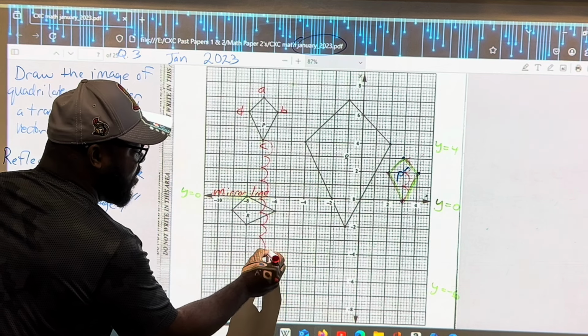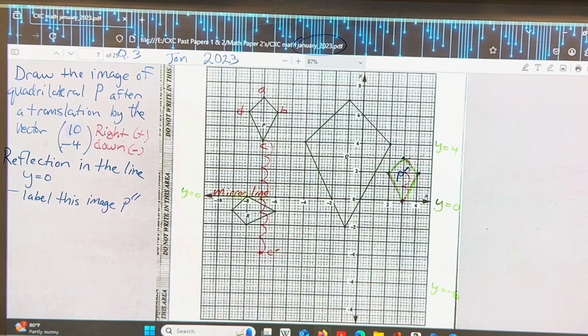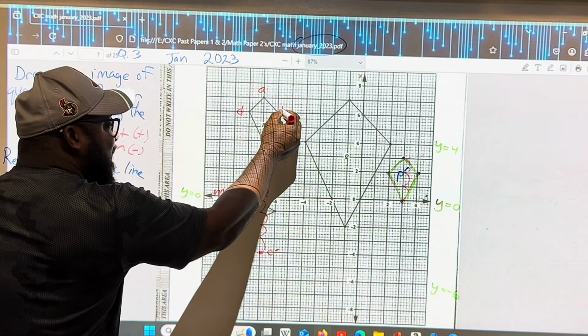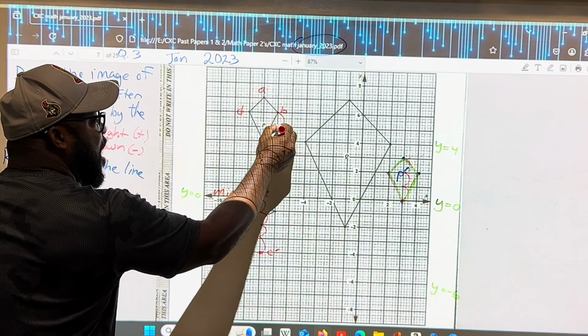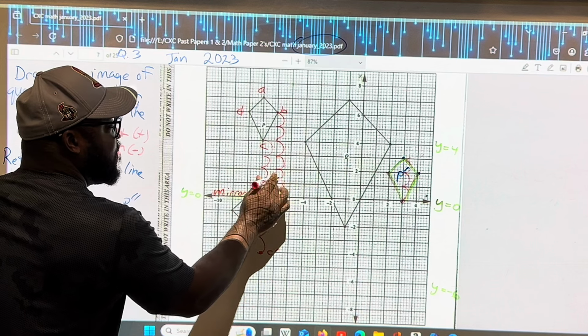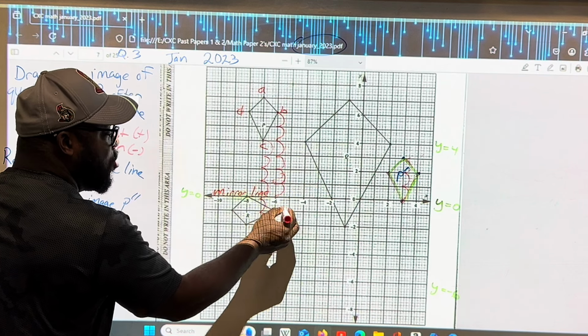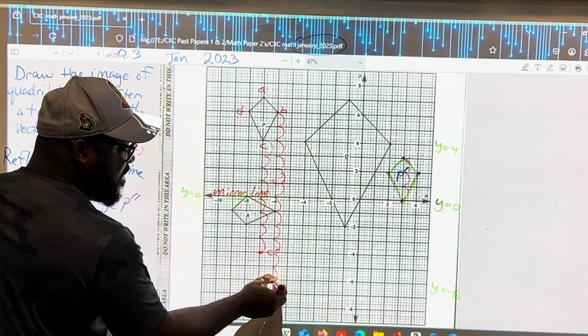So now that comes here, your new C. How far is B from the mirror line? 6. Good. 1, 2, 3, 4, 5, 6. So count down 6: 1, 2, 3, 4, 5, 6.